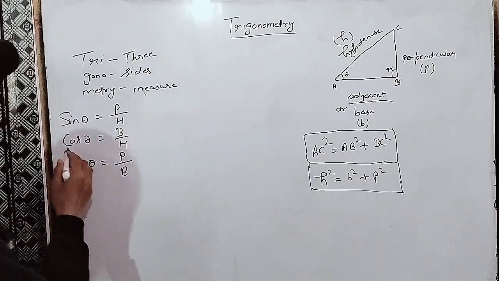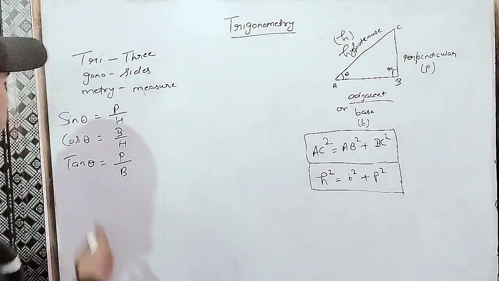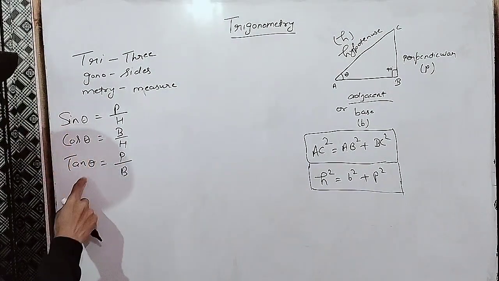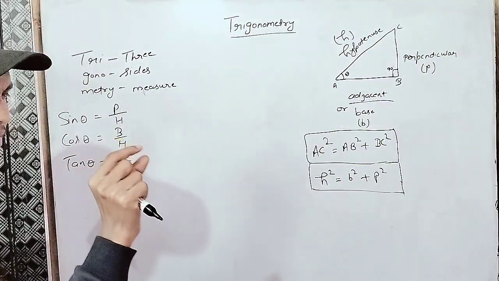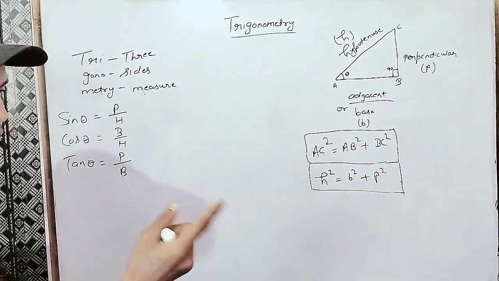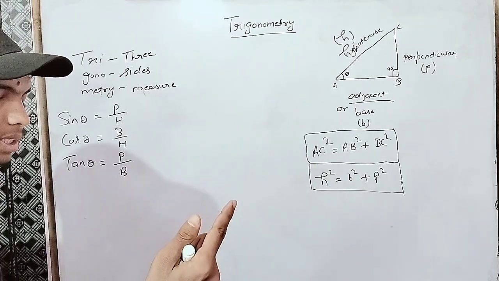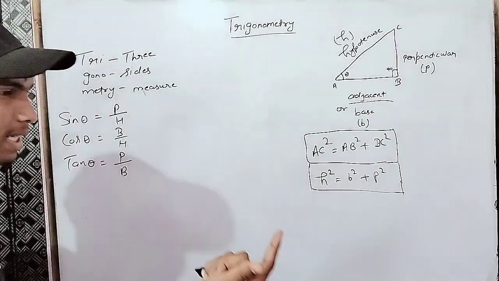Clear? So the reciprocal of sin theta is cosec, the reciprocal of cos theta is sec, and the reciprocal of tan is cot.